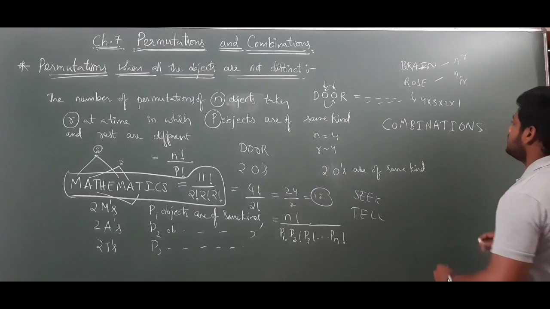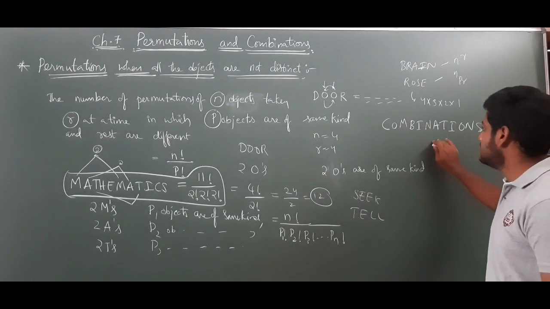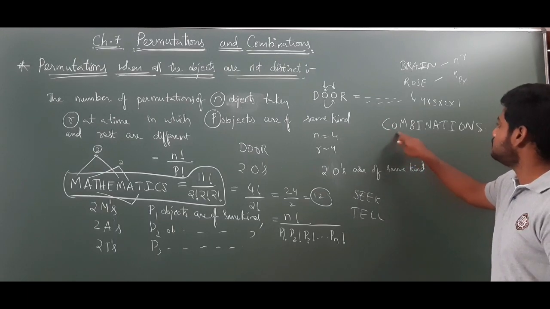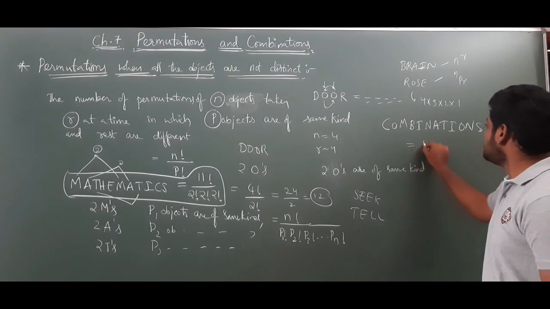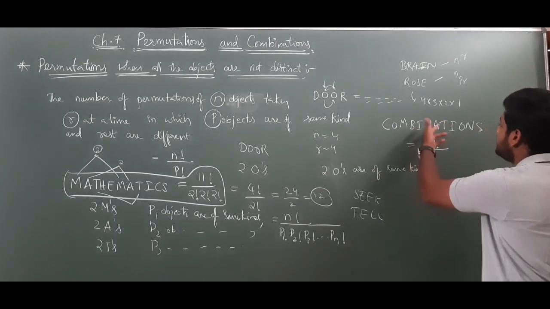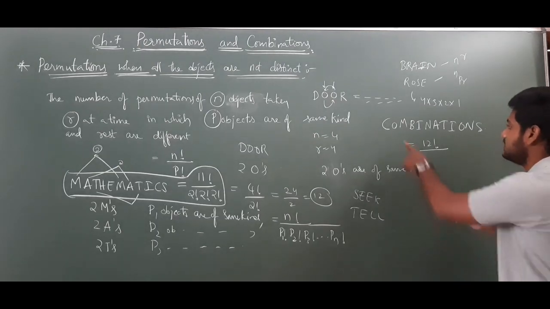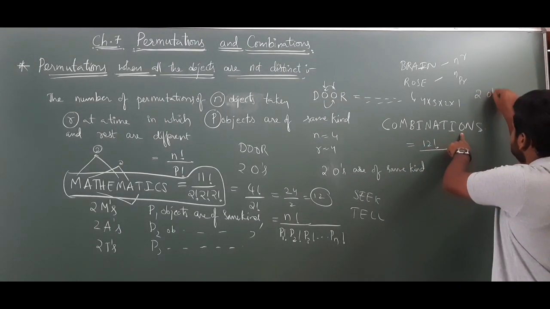How many different ways can we write this? How many letters are there? 1, 2, 3, 4, 5, 6, 7, 8, 9, 10, 11, 12. Nothing but 12 factorial divided by. If any repeated letters are there, we need to check. C, is there any repeat? No. O repeated? Yes. That means 2 O's are there.